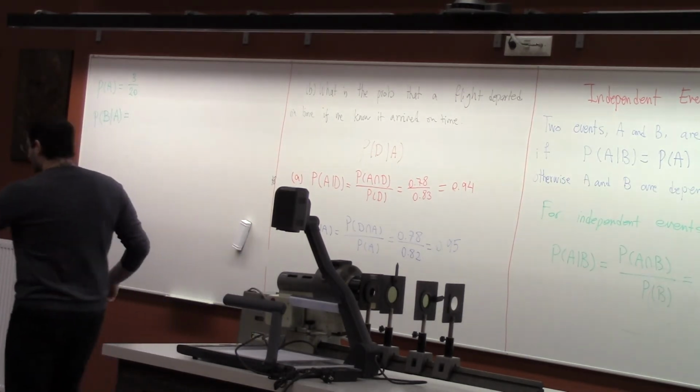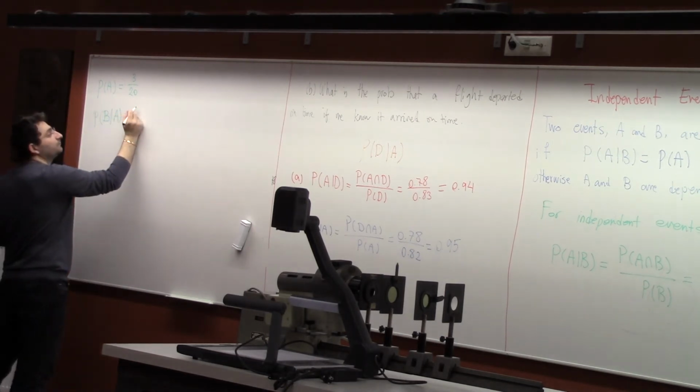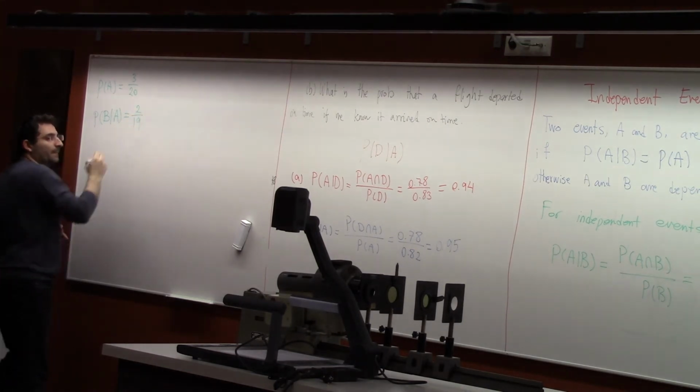So the probability of B given A is equal to 2/19.